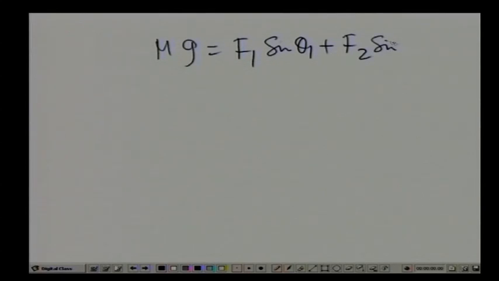Hence, if we take the summation of forces in the vertical direction, we get mg equals F1 sin theta 1 plus F2 sin theta 2, and thereby the value of m from this you get as 3293.4 kg.